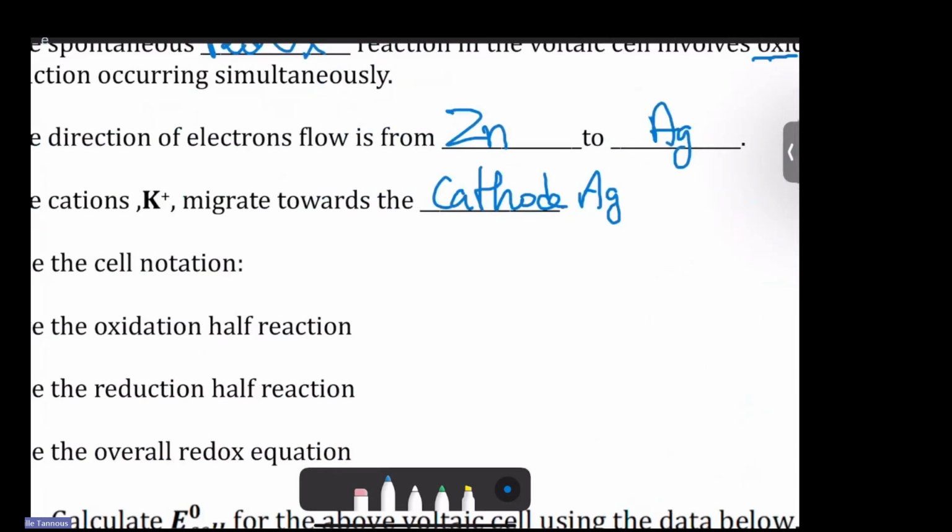The cell notation is the anode separated by a salt bridge from the cathode. In the anode, it's the zinc that is changing to solution.